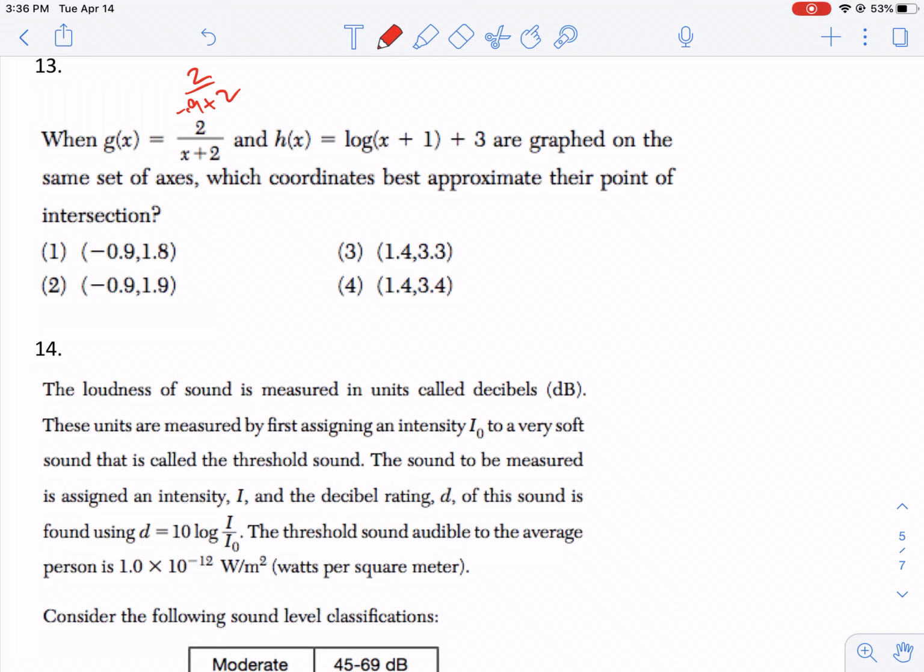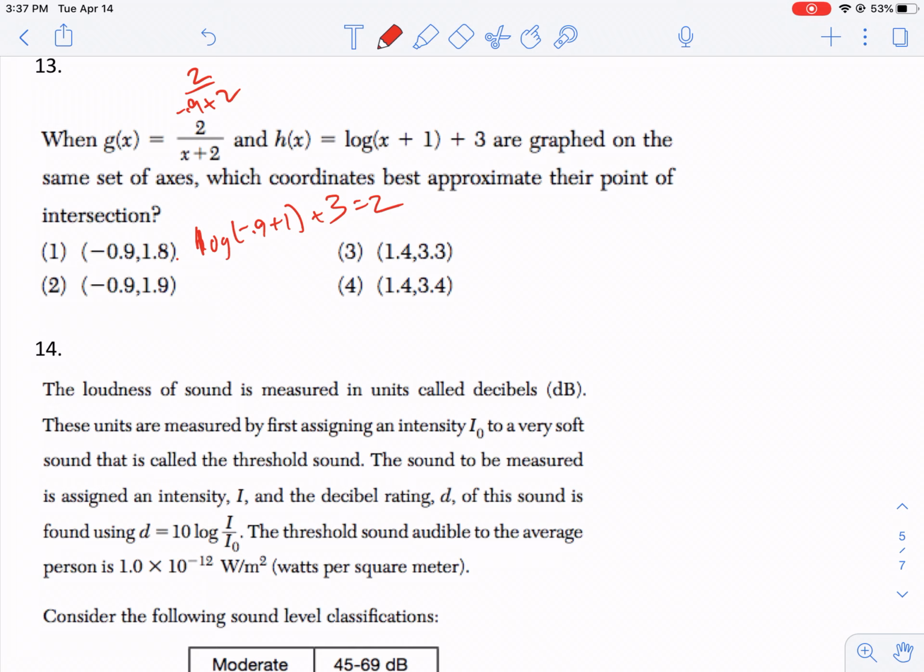So it's 2 divided by parentheses, negative 0.9 plus 2, and I get 1.8, so it works for that one. Now we got to type in log of negative 0.9 plus 1, plus 3 more. So log parenthesis negative 0.9 plus 1 end parenthesis plus 3. And I get a 2.